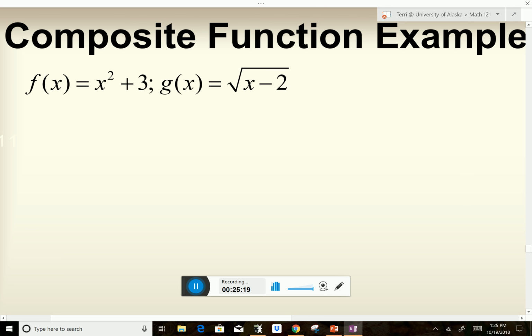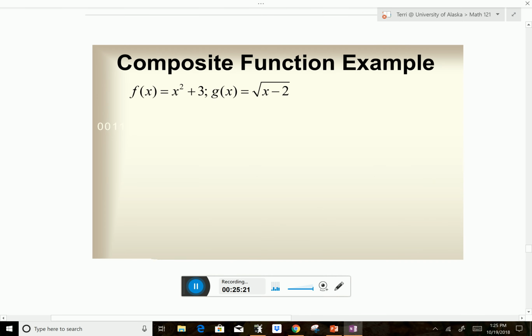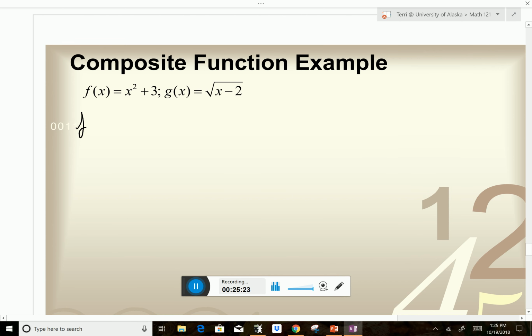So let's talk about an example. Let's say I want f of g of x. Again, not times. This is f of g of x. g of x is the square root of x minus 2.